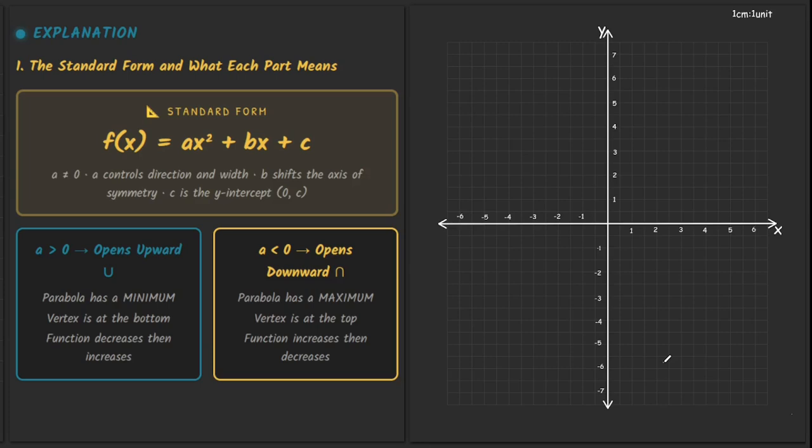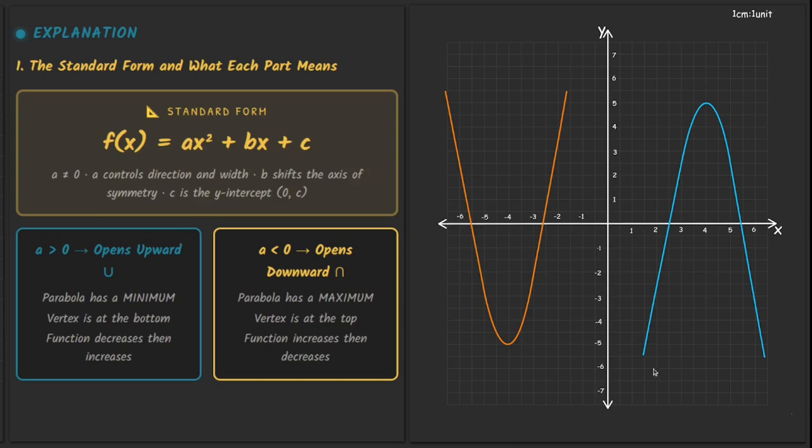We have it either looking like a U, that is, it opens upward, or something like an N. So let me do that for you. A quadratic function can either be like this in a U form, or this in the N form.